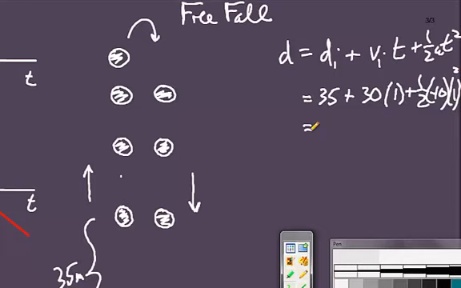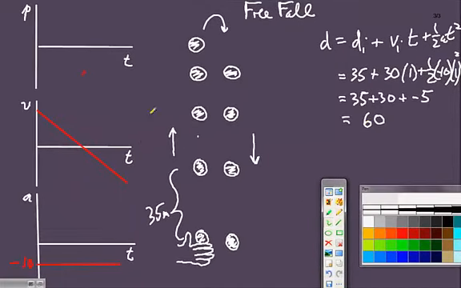And when we work all this out, it's going to be 35 plus 30 plus negative 5. And of course, that is going to be 60. What that means is that this distance here is 60.